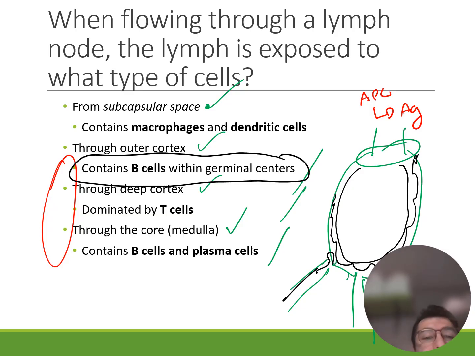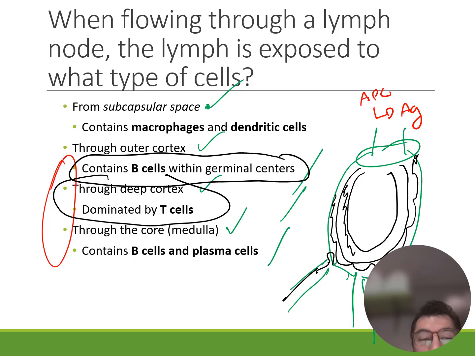So B cells, if activated, are the ones that create antibodies. Now, dendritic cells are within the deep cortex. So later on in that deep cortex, we have T cells, and in the core medulla we have more B cells and plasma cells.